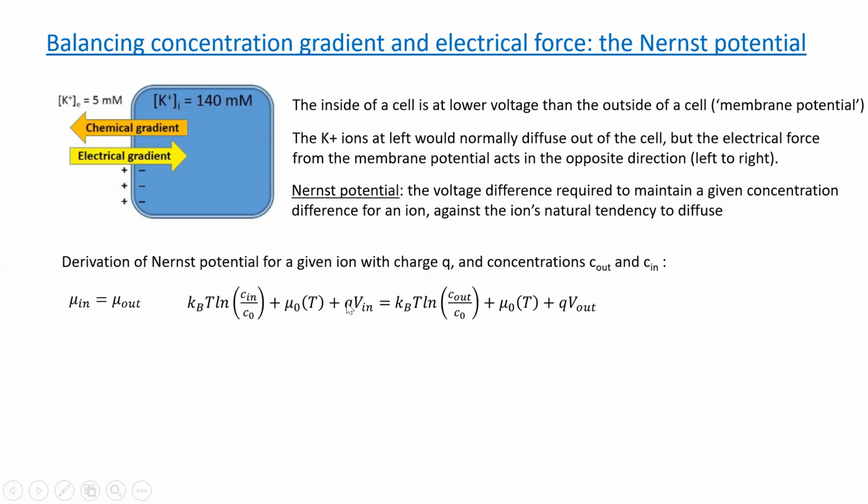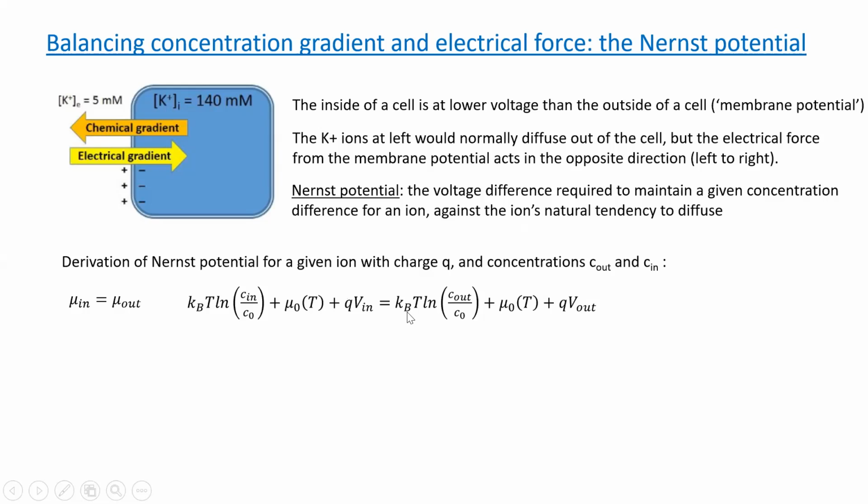But we add in now an energy having to do with the electrical force, which would be the ion charge times the voltage or the electric potential. This would be the electrical potential energy, which figures in with the chemical potential in this balance.